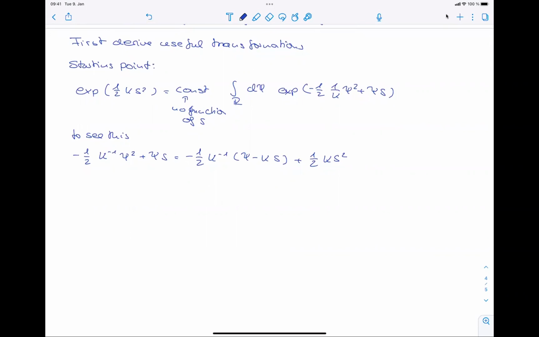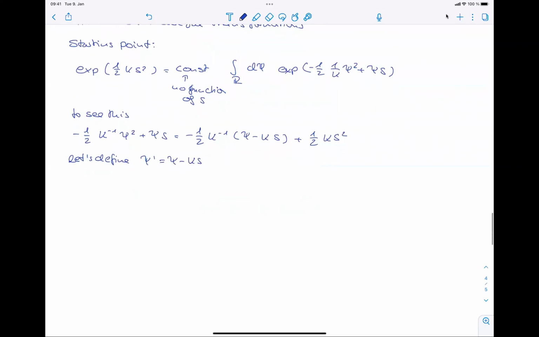Now let's define psi prime as psi minus k s.